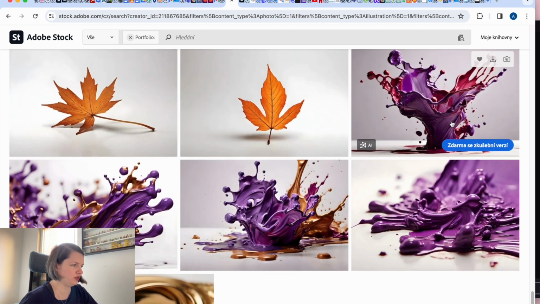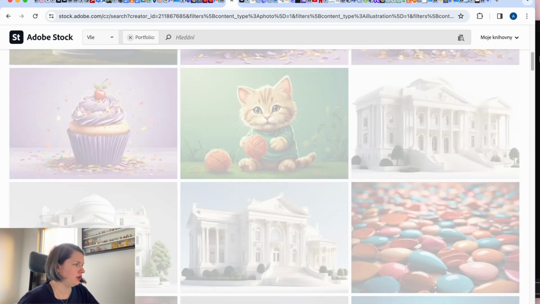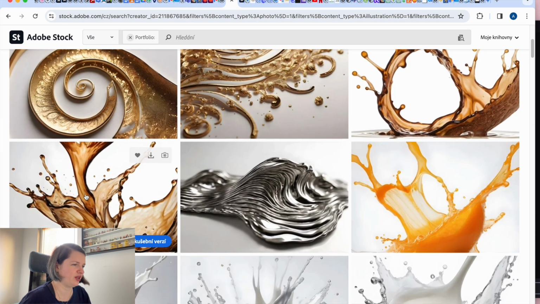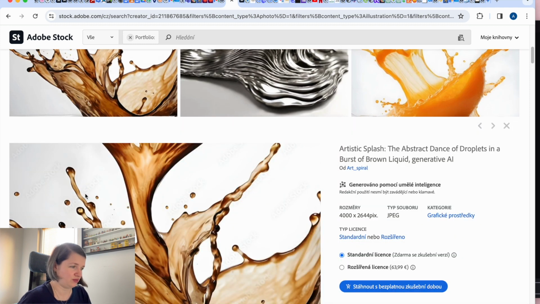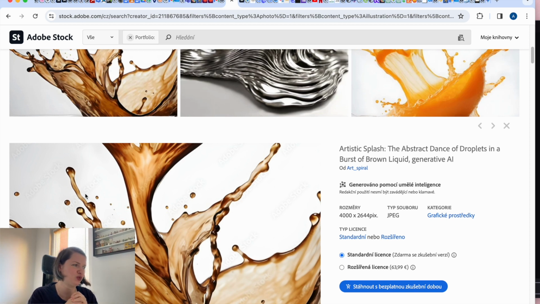The splashes of color, again, in Midjourney I feel like it will give you a better look than here. For example, here you have some brown liquid splashing. Brown liquid is a bit weird to me. So if it's supposed to be coffee, then maybe add a cup of coffee there, like a splashing iced coffee or something.